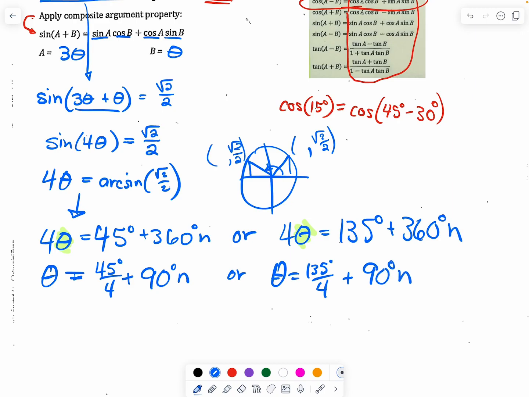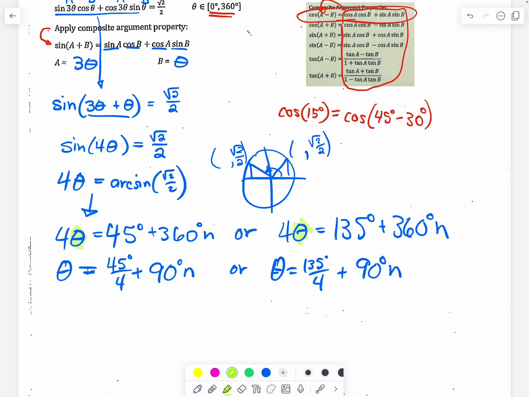That should be a hint, since early on, in the original equation, sine of 4 theta, the period was 360 divided by 4, or 90. That's helpful. We know we're on the right track.